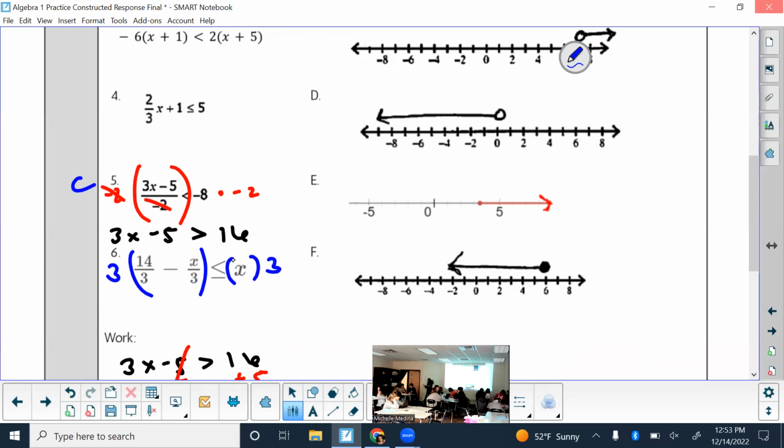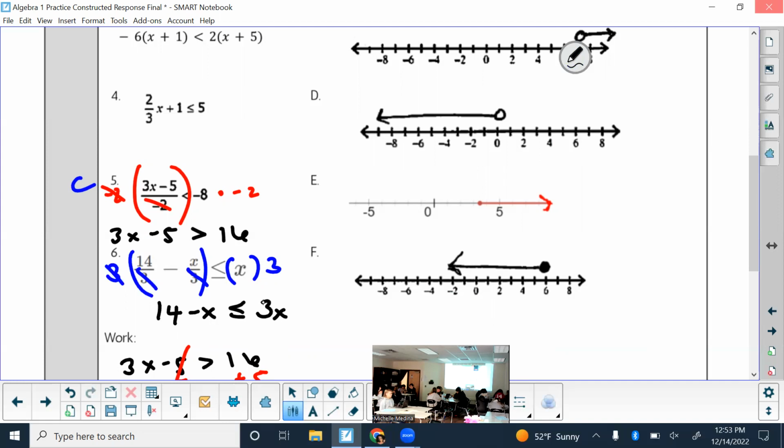So then on the left side, make sure you distribute that 3 to both of them, so it ends up canceling both denominators. I get 14 minus x. Do I need to flip the sign? Nope, I multiplied by positive 3. And then what's x times 3? 3x.